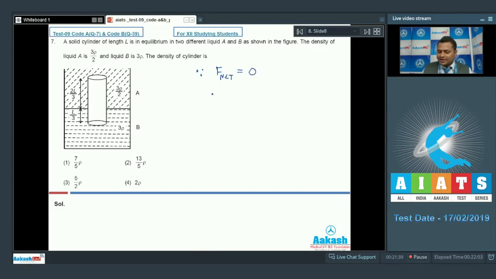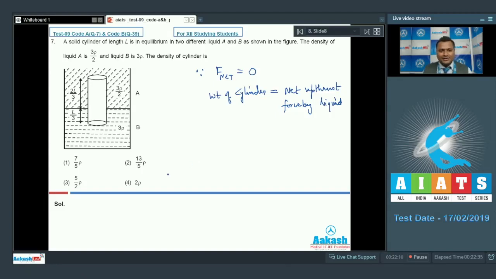We can say that the weight of the cylinder is equal to the net upthrust force by the liquid. Weight of the cylinder we can write as mass of the cylinder times gravity, and mass of the cylinder equals volume times density.